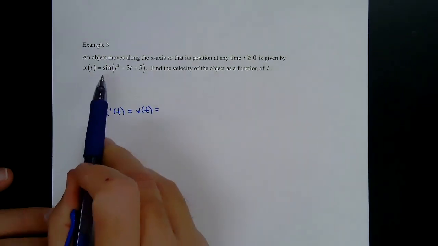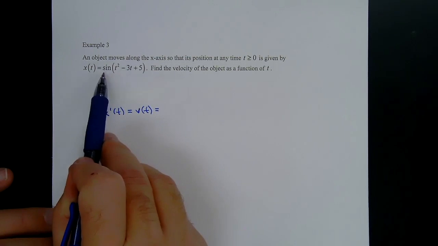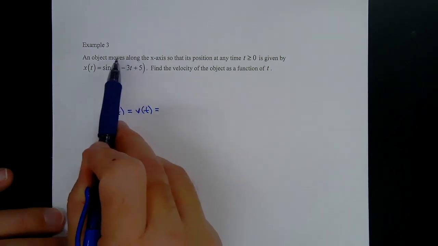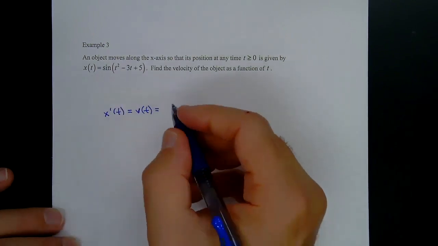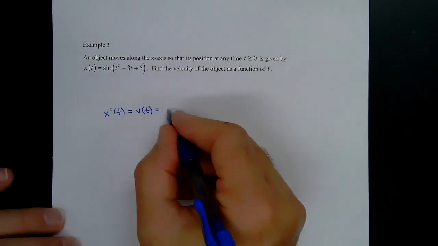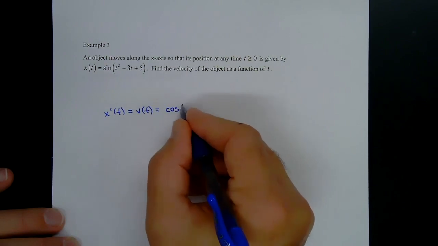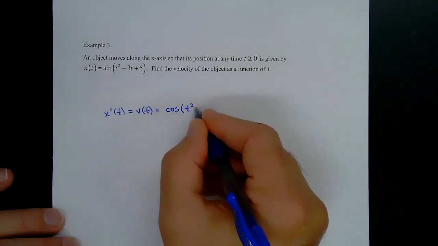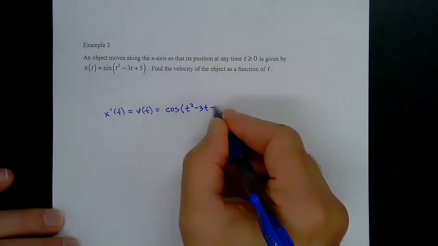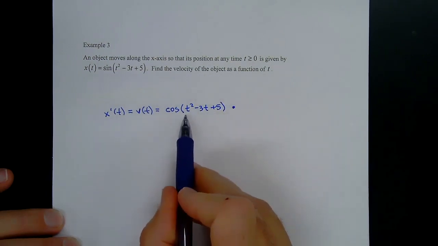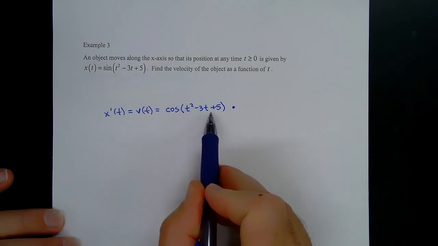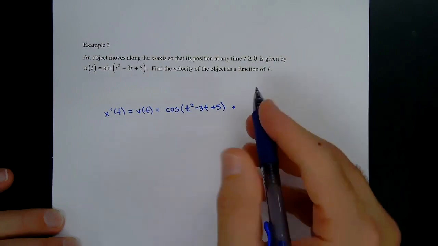And so the outside function is the sine function, and inside that we have this t squared minus 3t plus 5 function. So the derivative of sine would be cosine of t squared minus 3t plus 5 times, and then the derivative of t squared minus 3t plus 5 would be 2t minus 3.